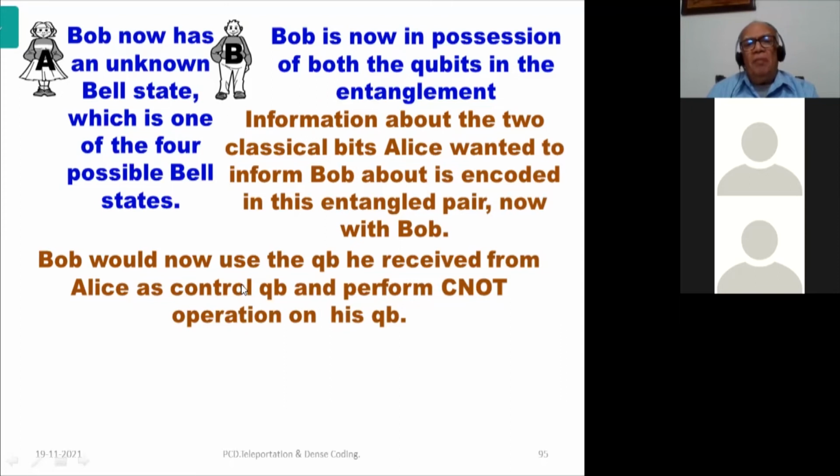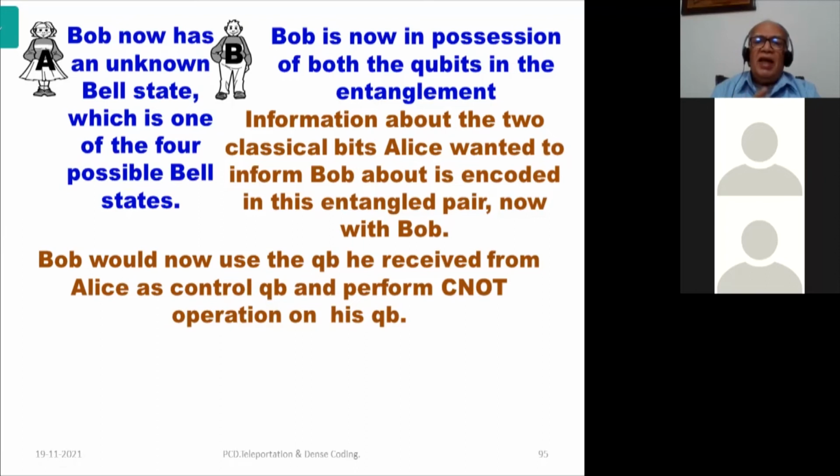So what Bob now does, he has some resources. He may be anywhere in some other galaxy, but he has got a very nice laboratory and he can perform gate operations himself. So he will use the qubit he has received from Alice. Alice is allowed to send 1 qubit, within the Holevo limit, and Bob now has this qubit which he has received from Alice.